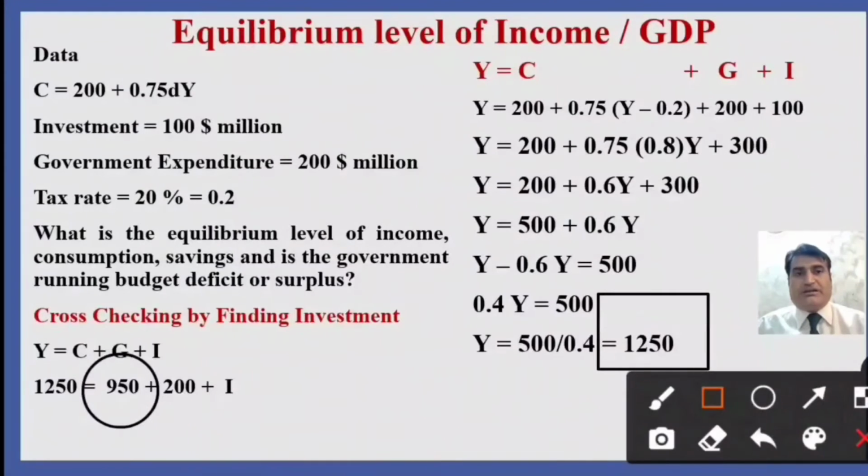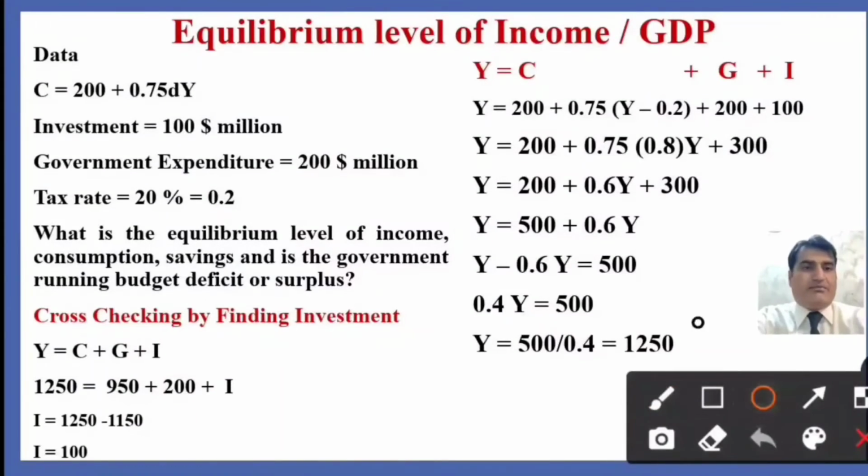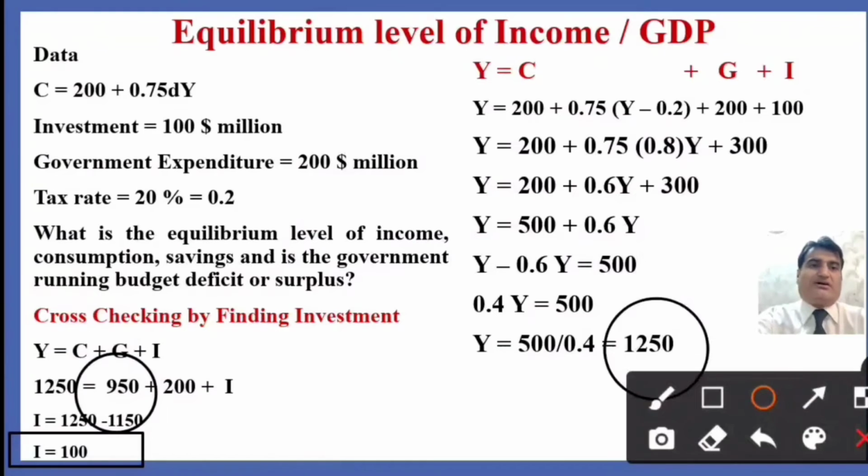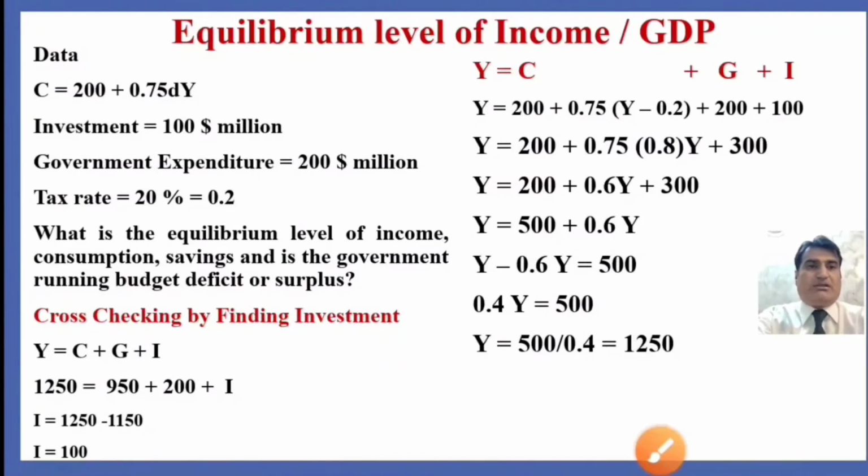So we shall prove how the consumption is $950 million at the given level of $1,250 million. At this income level of 1,250, the investment has been proved, that is $100 million. Now we are going to see whether at this income and investment level the consumption is $950 million or not. This is the equilibrium level of income.